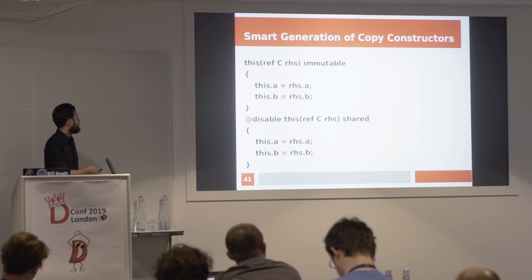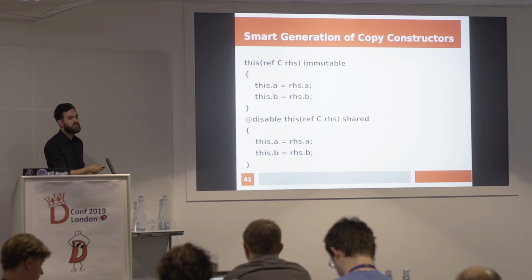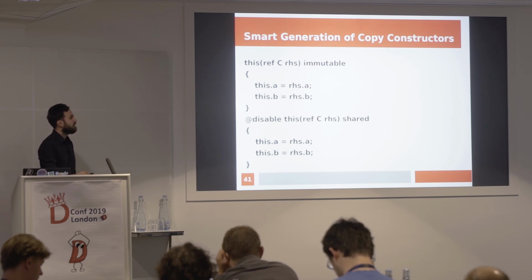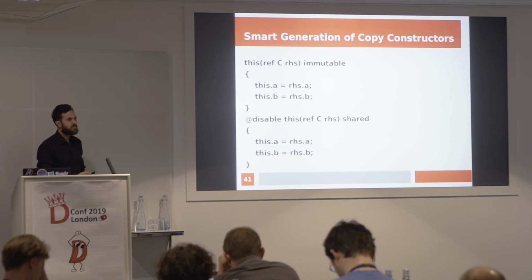But this cannot be successfully type checked because this line is going to fail because A does not have a shared copy constructor. So we've gone from not being able to copy construct an object to being able to copy construct in some situation. So I would argue that this is a better mechanism.